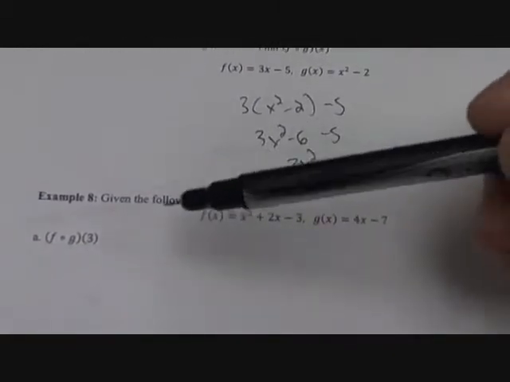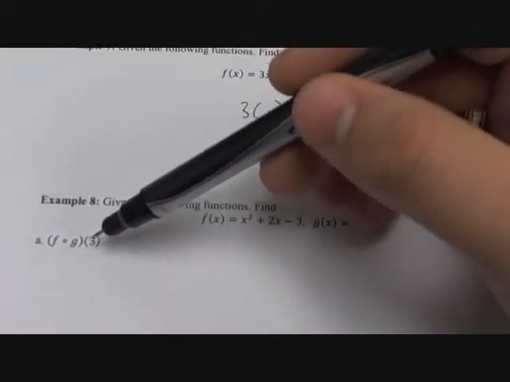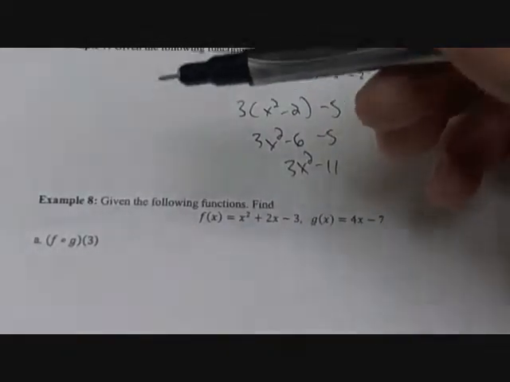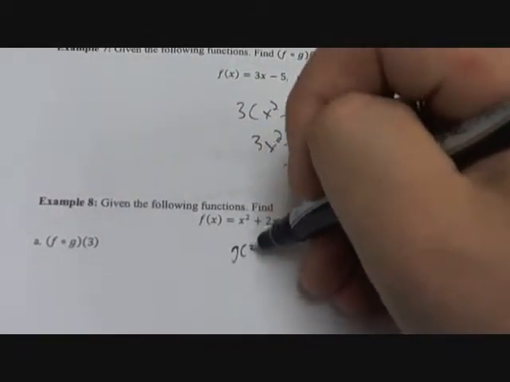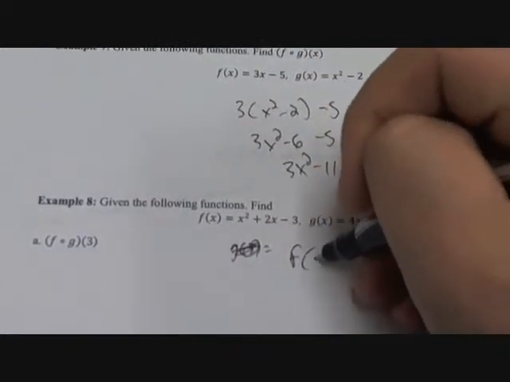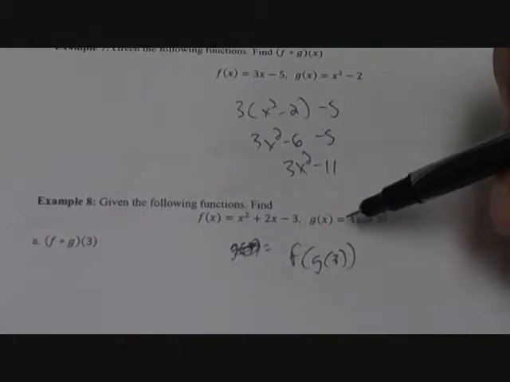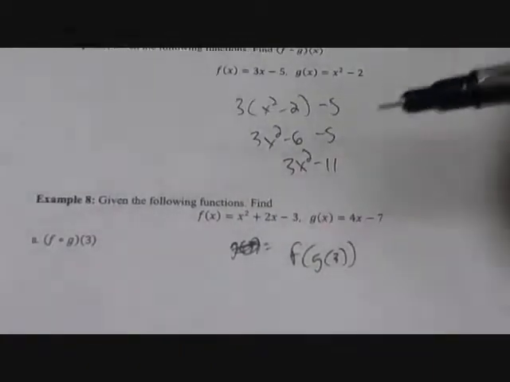The same thing goes for this one: f of g of 3. This time, g of 3 goes inside our f. First we have to solve for g of 3. We plug in 3 in our g, and whatever answer we get there, we plug it in for our f.